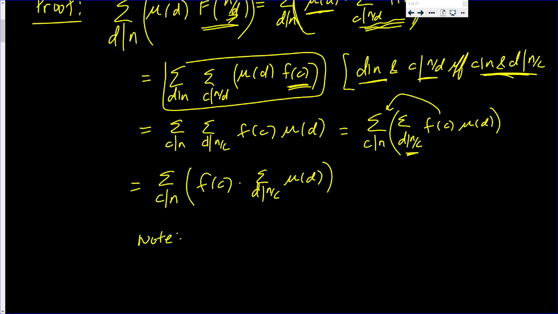Now, note, we proved this in our prior theorem. Note that the summation as d divides n over c of mu of d is equal to 0, except when n over c equals 1.